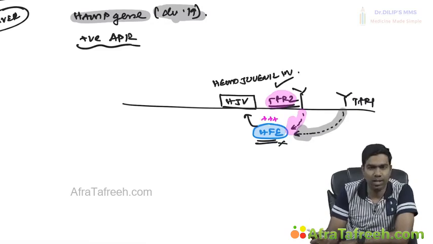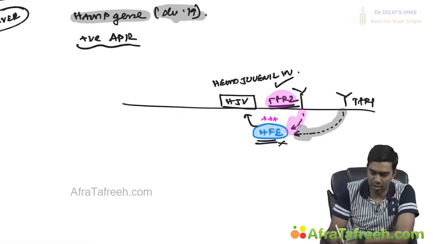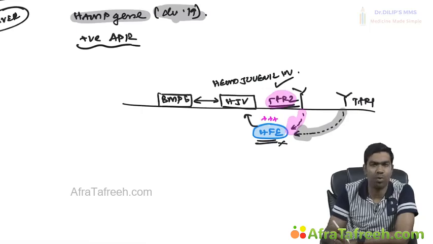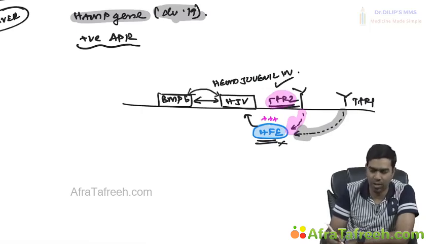Once this hemojuvelin is activated by the HFE protein, it is going to dimerize with another protein called BMP6, bone morphogenic protein 6. Once they combine with each other, they get activated as well.